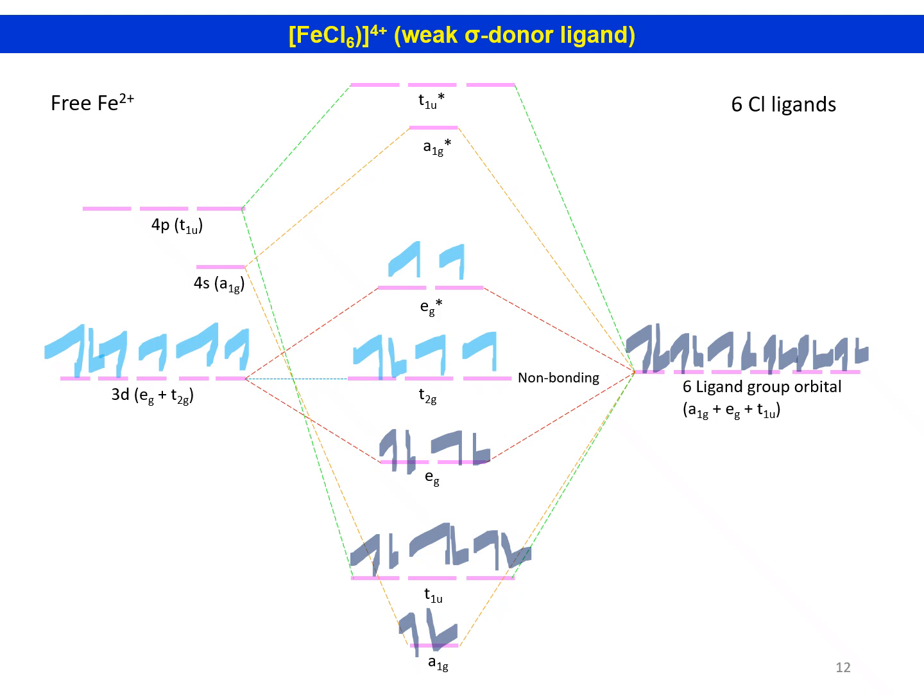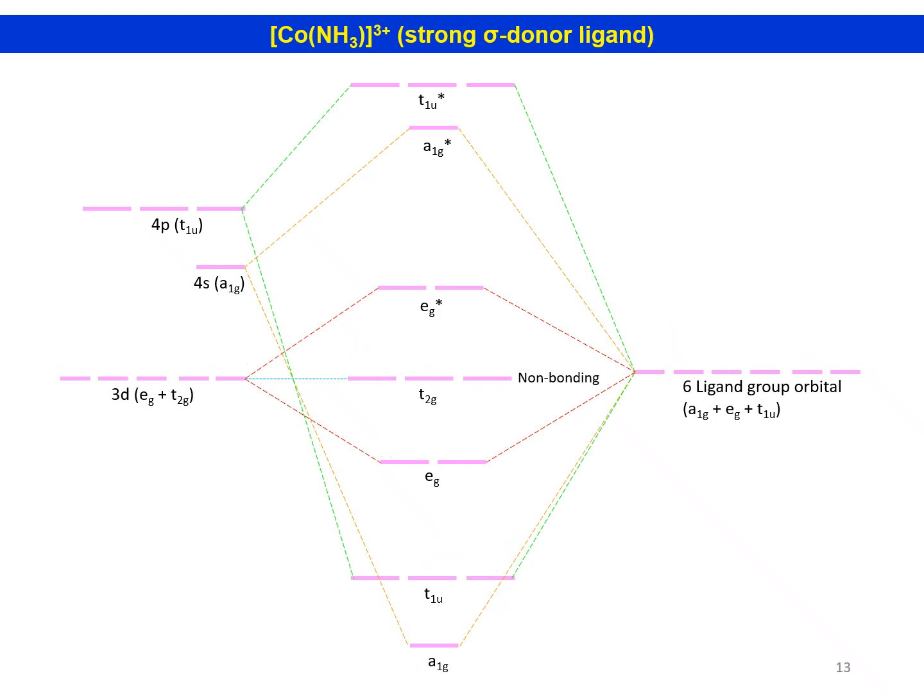But it is best to describe complexes with presence of a pi donor using the molecular orbital diagram for pi donor ligands. Again, ammonia is a strong ligand and also a strong sigma donor ligand. You may want to try this. Water is a weak ligand, but water is a good pi donor ligand.